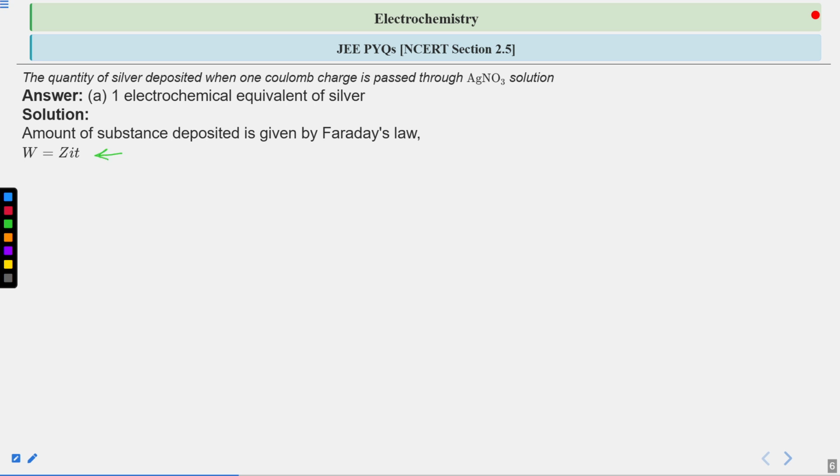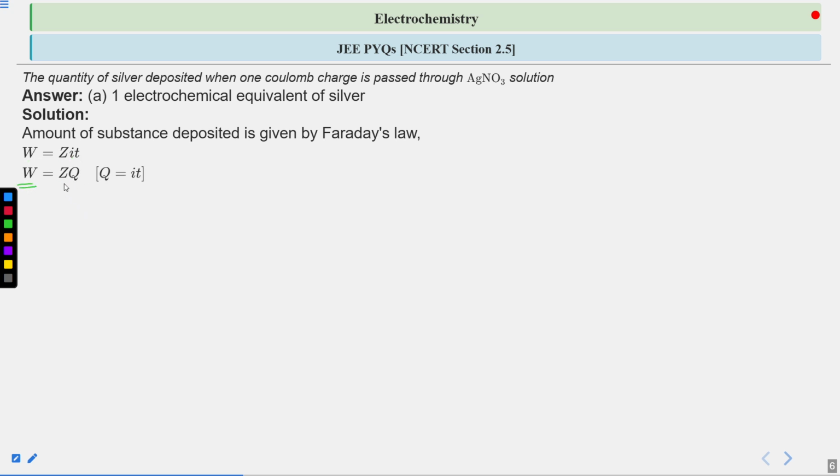So W equals ZIT. Each term represents its own meaning. W equals ZIT, where I is the current, T is the time, Z is the electrochemical equivalent, and W is the amount of the substance which is deposited.